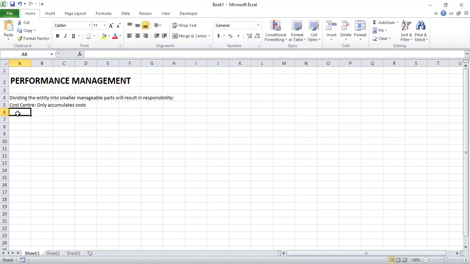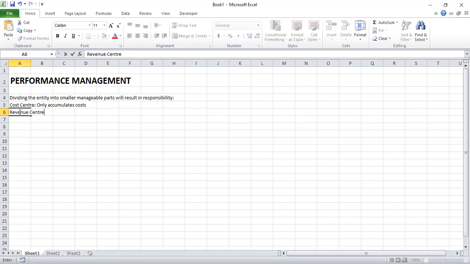For example, if the manager has a choice on where to rent, that means the rental of the shop is a controllable cost. But if top management are the ones who decide where to rent, that will mean that the rent is not controllable.